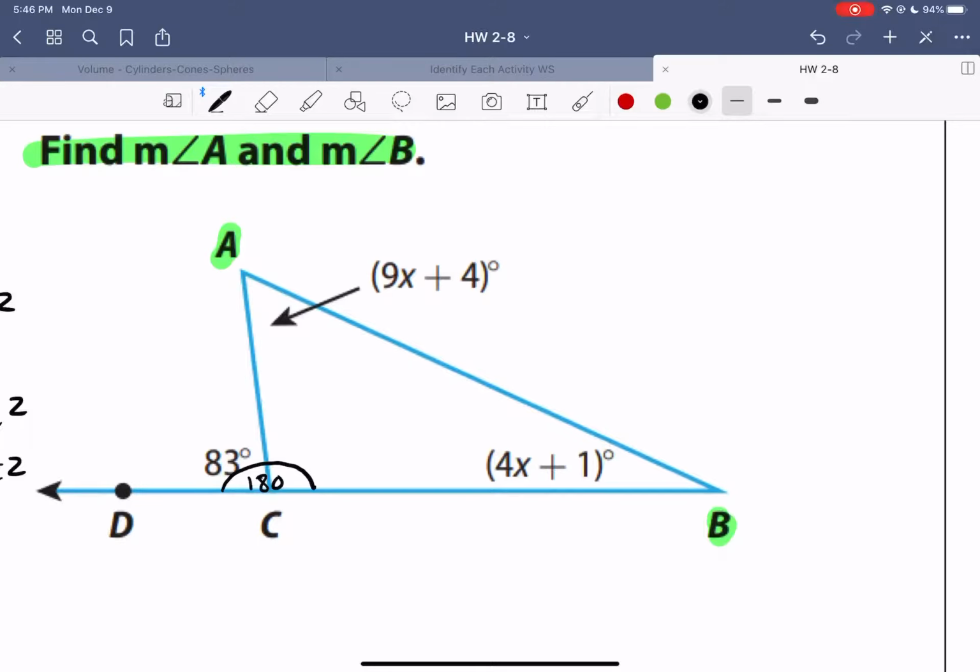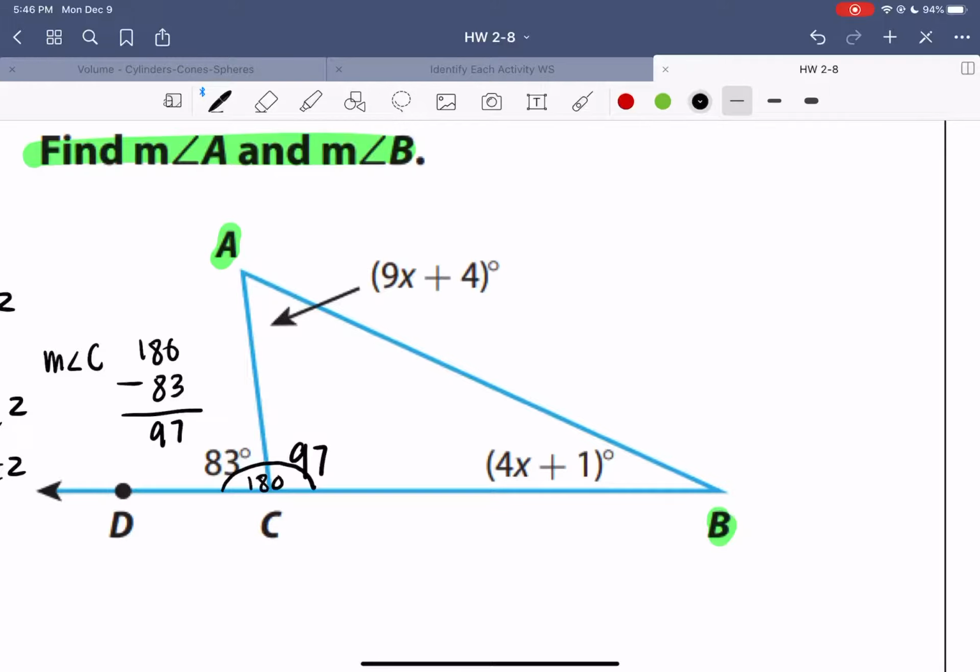So to find the measure of angle C, we can take 180 and subtract 83 from that. So 180 minus 83 is going to be 97. So we already know this is 97.